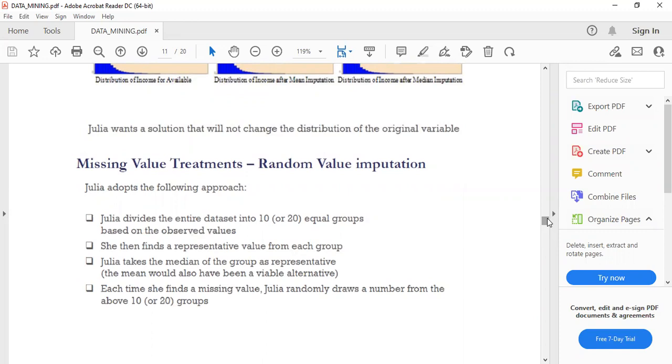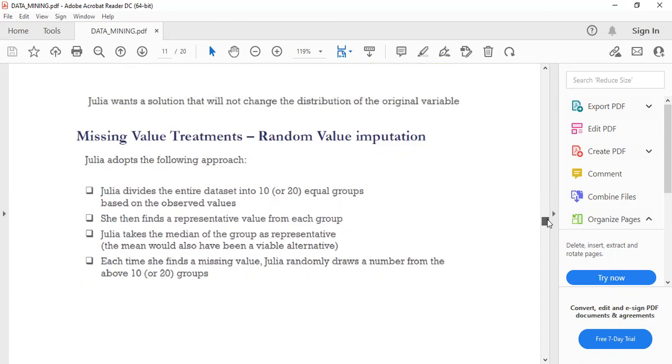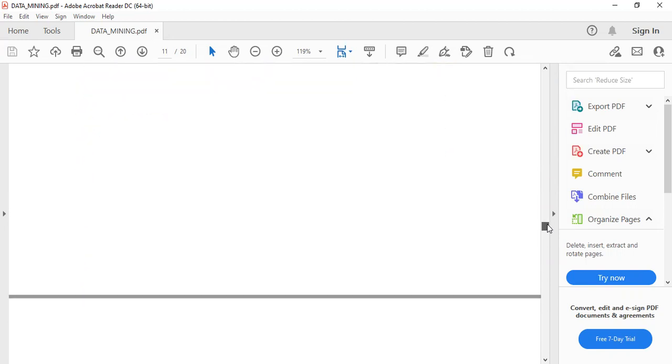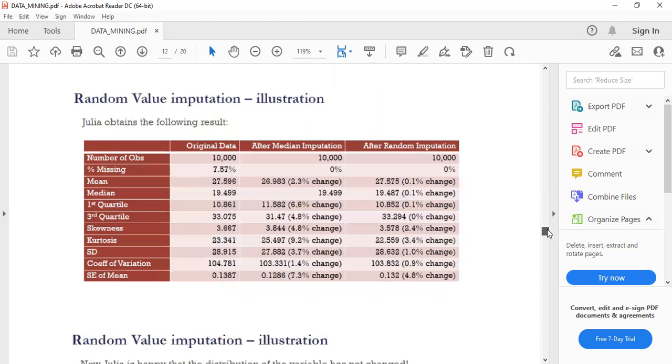She then finds a representative value from each group. Julia takes the median of the group as representative. The mean would also have been a viable alternative. Each time she finds a missing value, Julia randomly draws a number from the above 10 or 20 groups. That may be the median or mean, whatever you want to choose for each group. So, random value imputation. Julia obtains the following result.